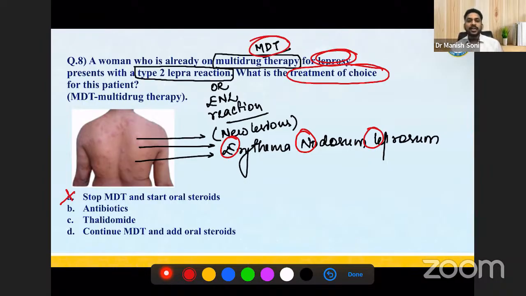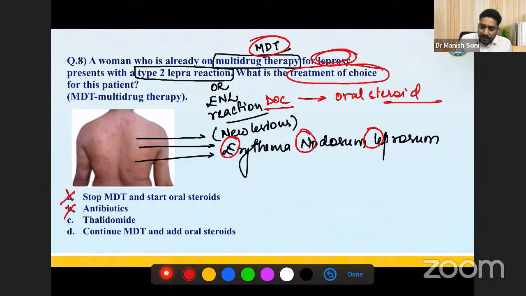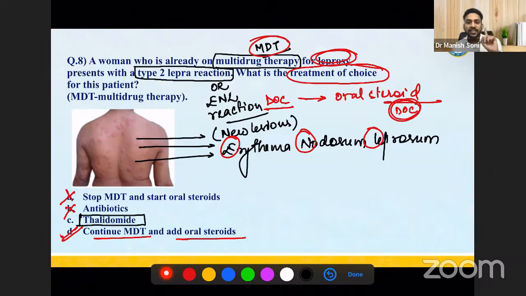Now, along with continuing MDT, you have to give treatment for lepra reaction, and the drug of choice for lepra reaction or ENL reaction is oral steroids and not antibiotics. We will continue MDT and add oral steroids. But remember that in type 2 lepra reaction, steroids is the drug of choice. But if the drug of choice, that is steroid, is not mentioned, then you can also choose thalidomide, which is effective in type 2 but not effective in type 1.